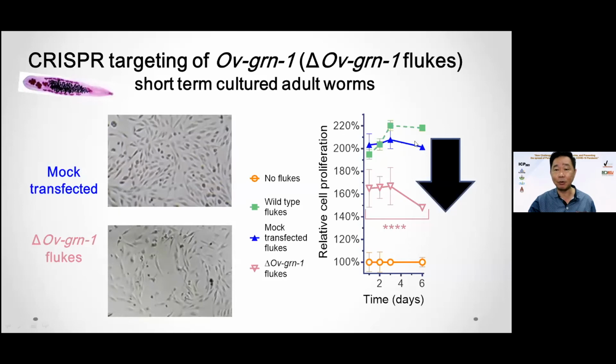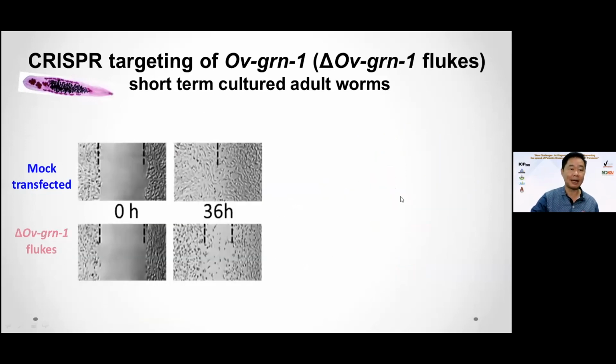The green and the blue ones are the controls. This is the baseline, nothing at all, and this is the suppressed worm. And also for wound healing, we can show that the OV granulin 1 knockout by CRISPR-Cas9 has less wound healing.